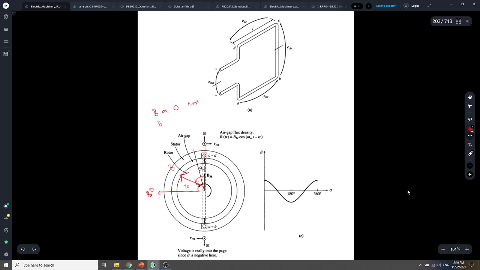Okay, and then B, angle 90 degree, output will be zero. So from here we can see that this is the cosine punya function. Okay, cosine. So therefore dia punya signal yang terhasil adalah cosine.